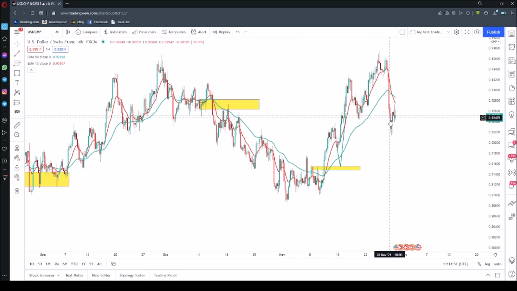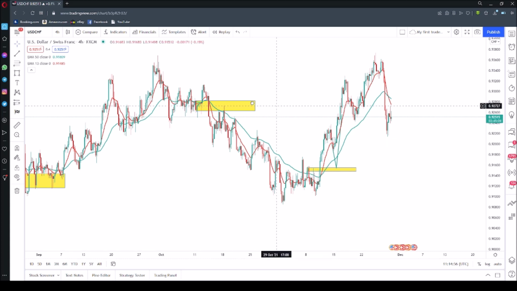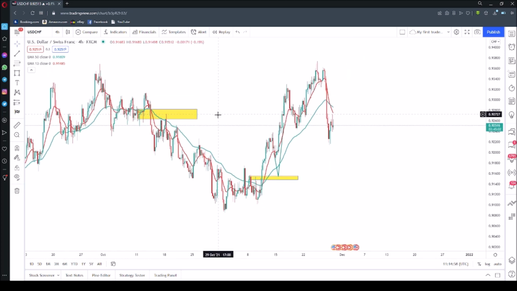Then after that, we can see the current market, and it's actually the last days of November, and in the last days of any month you should always be careful when you are making your entries, because they will be trapping and creating liquidity for the following month. In this case, we can see that there was break of structure since this point was actually broken, and what we are expecting is to see the market come back or retrace to the order block above the 50 EMA.